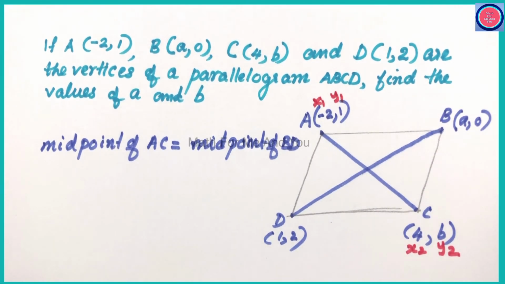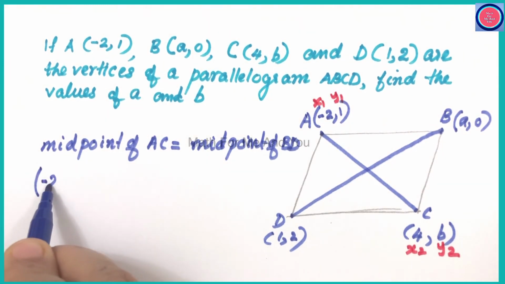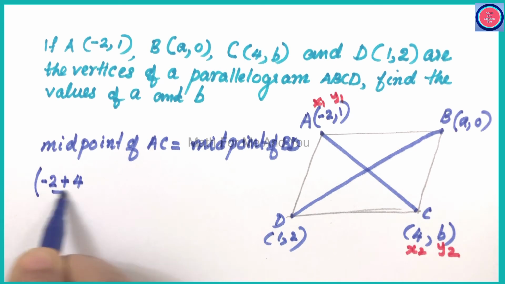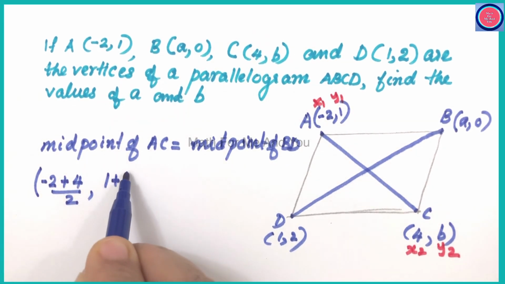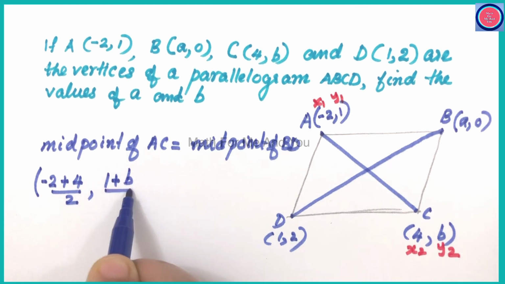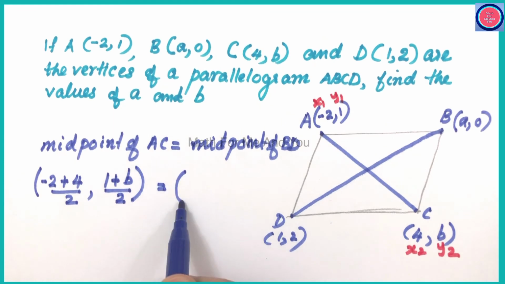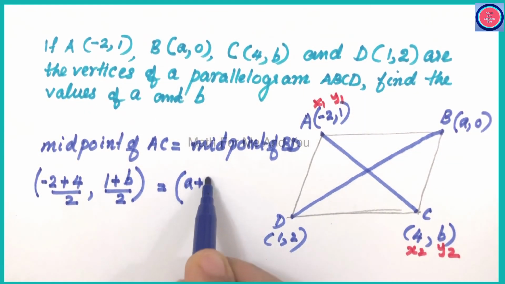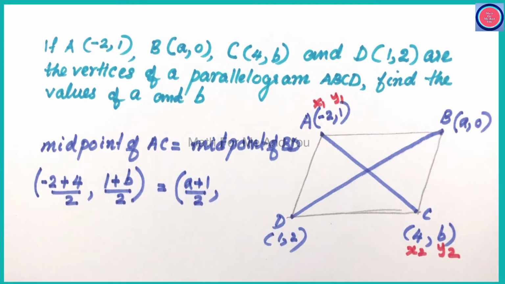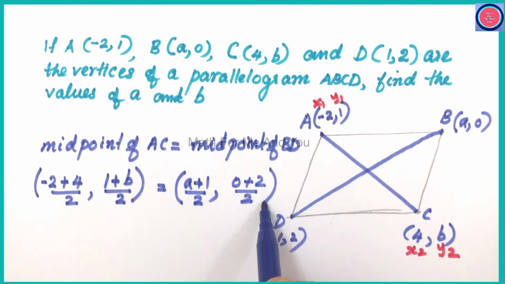Coordinates of the midpoint: minus 2 plus 4 over 2, 1 plus b over 2, equal to the midpoint of BD. B we can mark as (x1, y1) and D as (x2, y2). So using the midpoint formula we get a plus 1 over 2, then 0 plus 2 over 2.